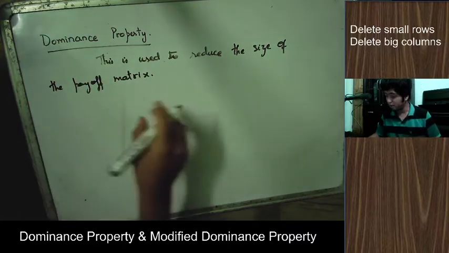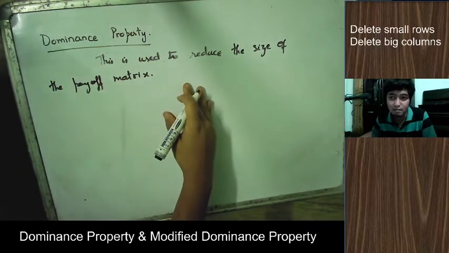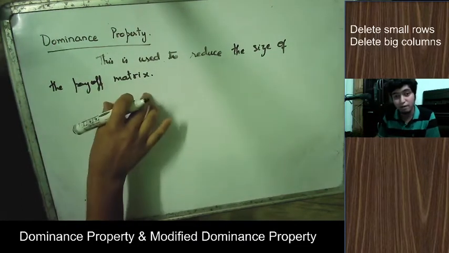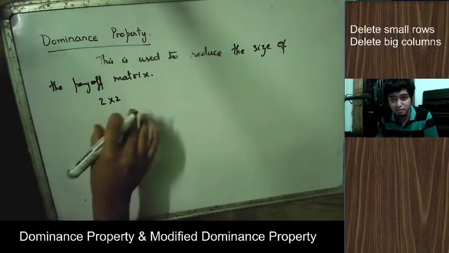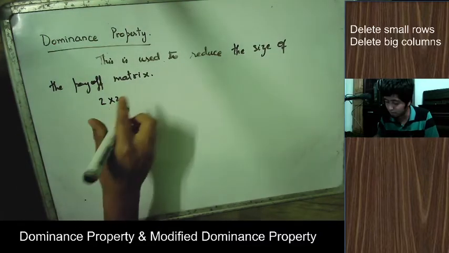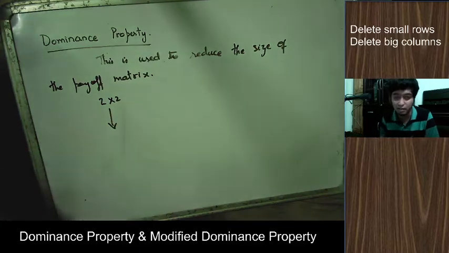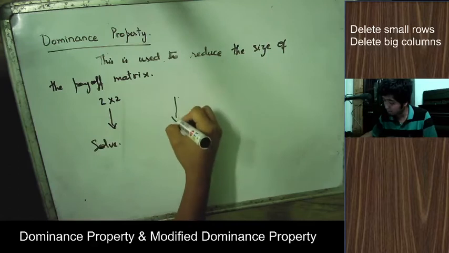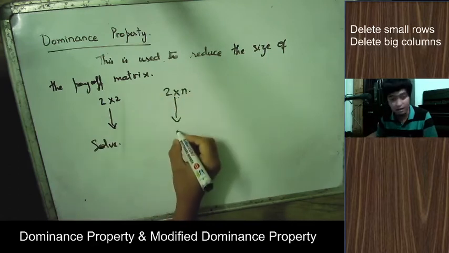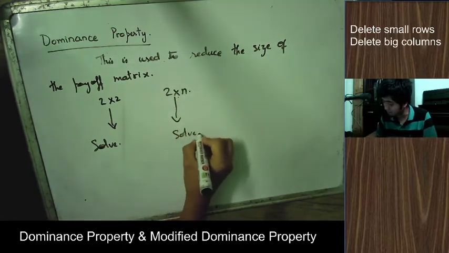Usually, the size of the payoff matrix may be reduced to a 2 by 2 game. If it is reduced to a 2 by 2 game, then you can solve it accordingly. Similarly, if it is reduced to a 2 by n game, then you can solve it by using the graphical method.